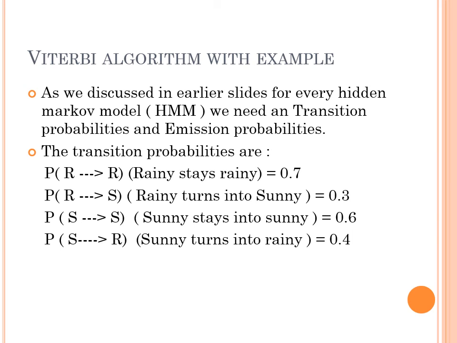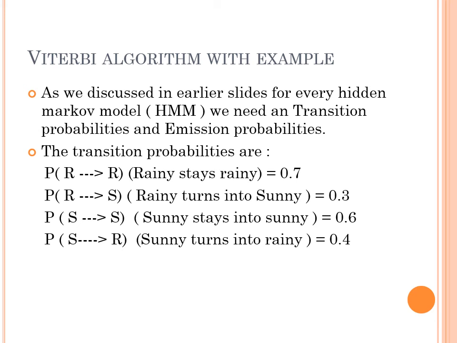For example, the transition probability: if rainy stays rainy, it is 0.7. If rainy turns into sunny, the probability is 0.3.